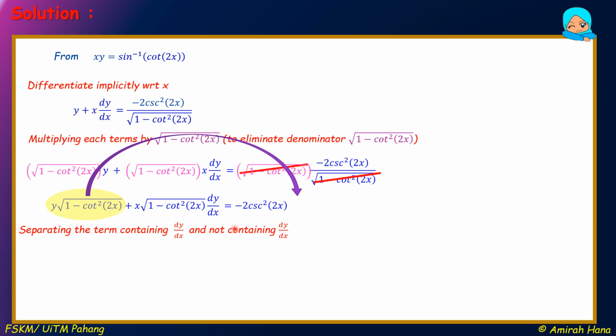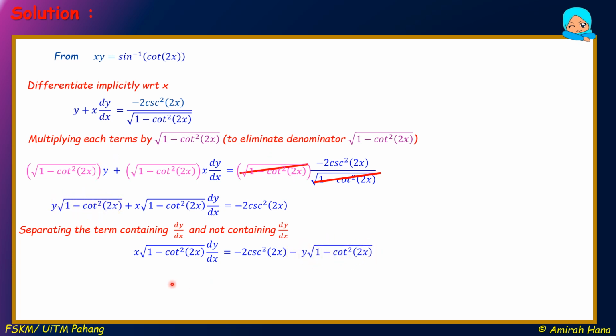After we move, we get x square root of 1 minus cot squared 2x dy over dx equals negative 2 cosec squared 2x. This is a positive sign, so when we move it to the right hand side, we get minus y square root of 1 minus cot squared 2x.